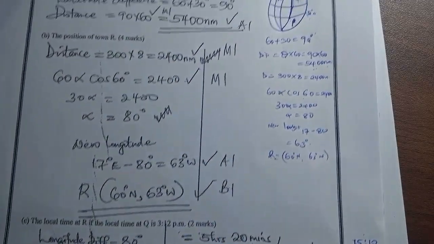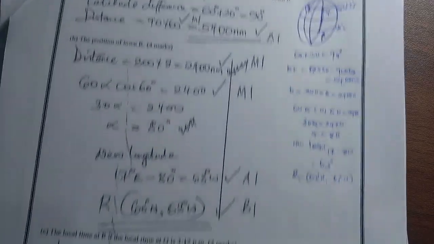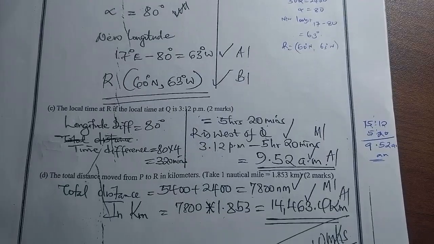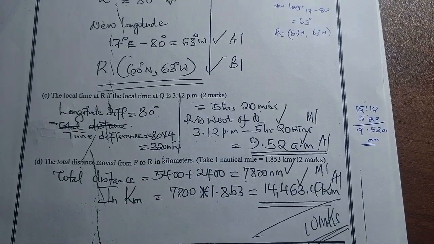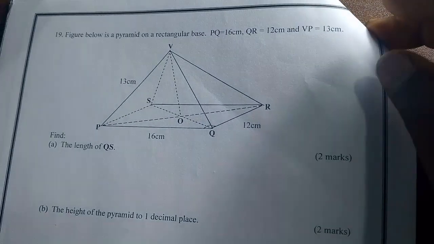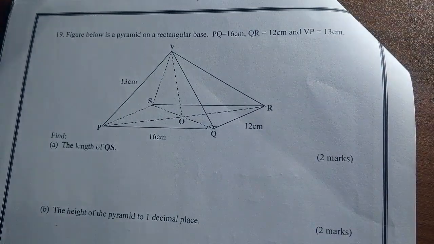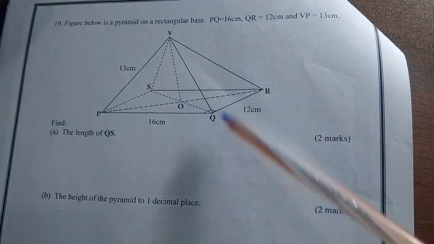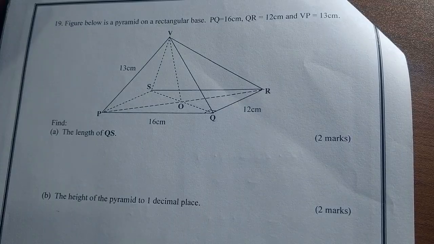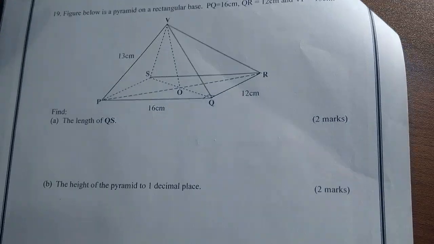In case you have any problem, you can always consult. If you are good at 3D, you can as well try 3D. It's a very simple one. If you understand SOHCAHTOA, some Form 2 knowledge, it is very simple. You can try this.